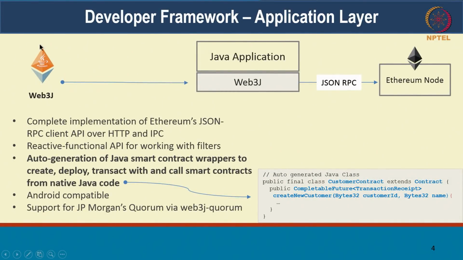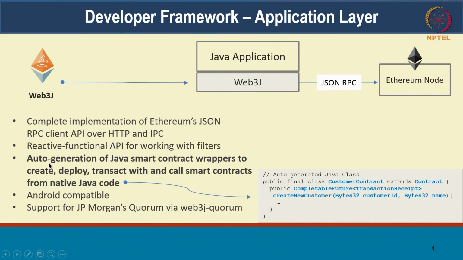So Web3j is again a developer framework, and it gives you a complete implementation of Ethereum's JSON RPC client, but it provides this over HTTP and inter-process communication. It has a reactive functional API if you're familiar with reactive.